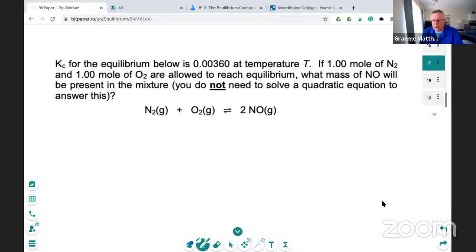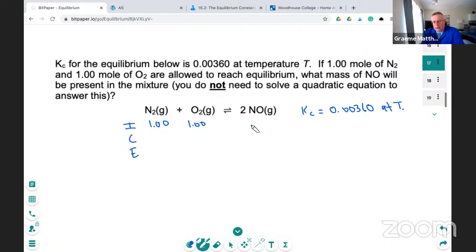Let's say Kc of the equilibrium below, the production of nitrogen oxide, is 0.0036 at temperature T. And 1 mole of N2 and 1 mole of O2 are allowed to reach equilibrium. What mass of NO will be present in the mixture? I'm always doing the same thing in chemistry, so better do the ice table straight off the bat.